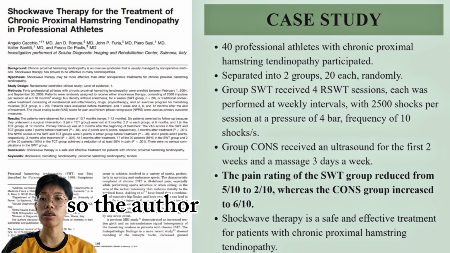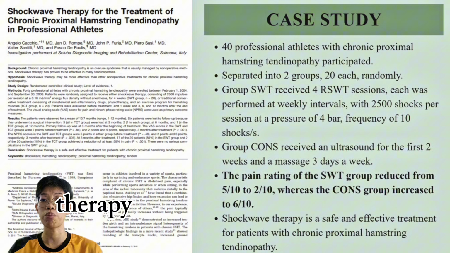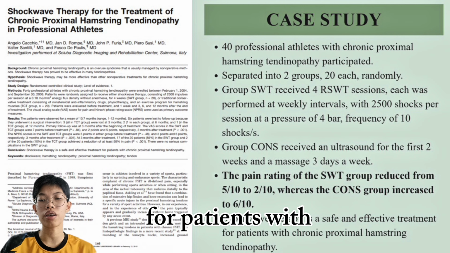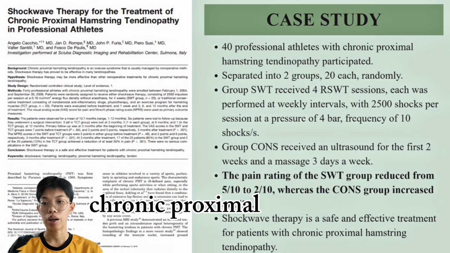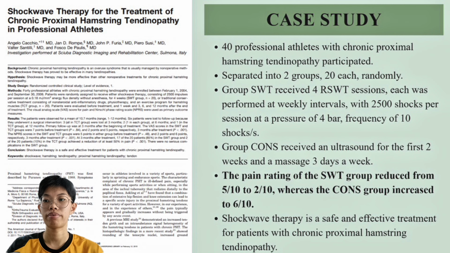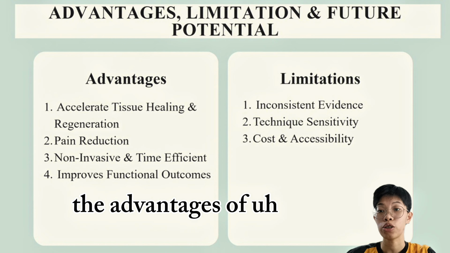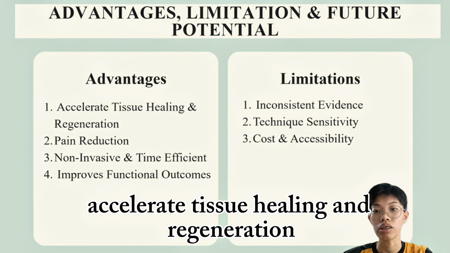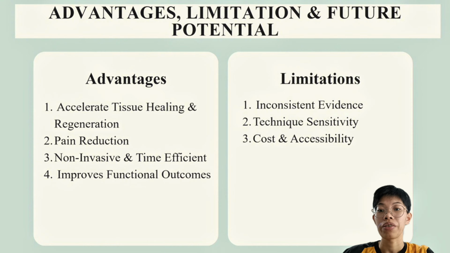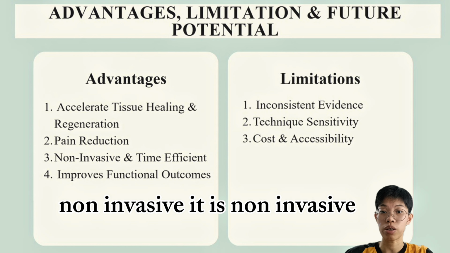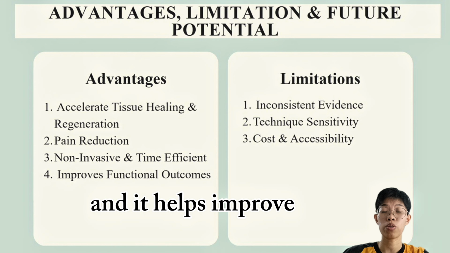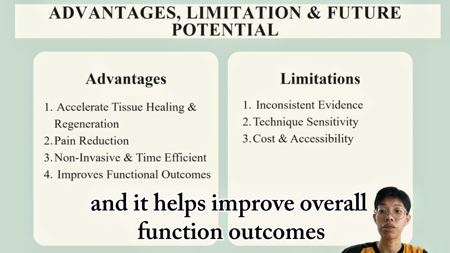So the author concluded that shockwave therapy is a safe and more effective treatment for patients with chronic proximal hamstring tendinopathy. The advantages of shockwave therapy are accelerated tissue healing and regeneration, pain reduction, it is non-invasive and time efficient, and it helps improve overall functional outcomes.